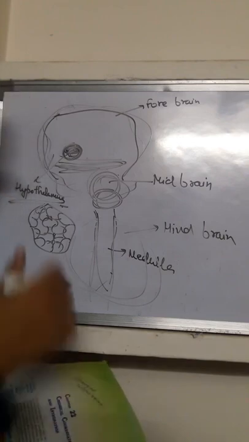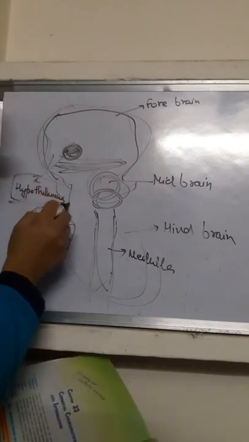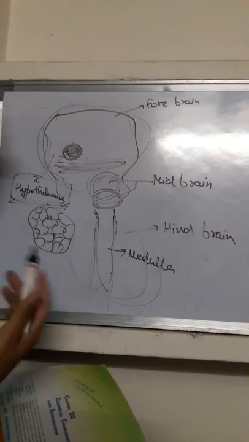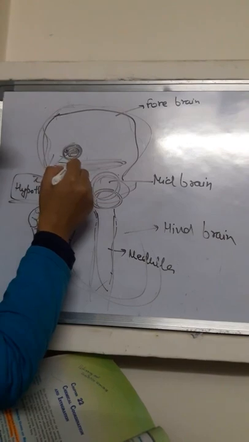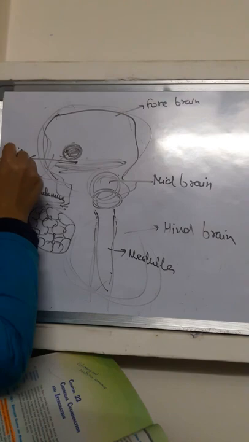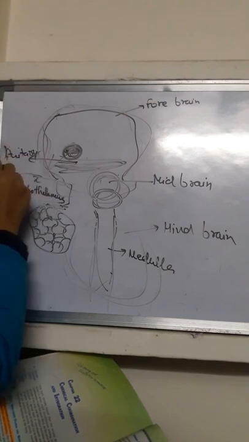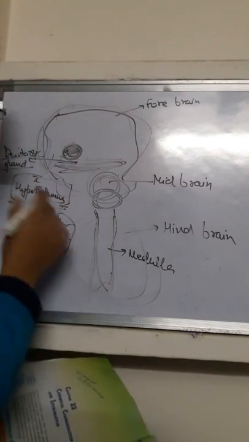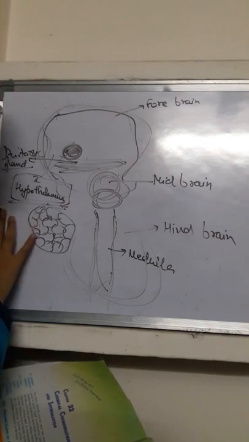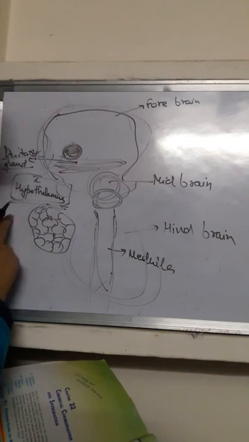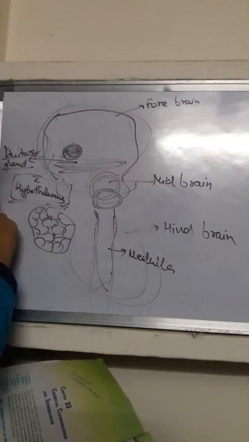So we see that the hypothalamus releases hormones that regulate the secretion of hormones from the pituitary gland itself. We studied the pituitary gland in the previous section. In a way, the hormones produced by the pituitary gland are regulated by the secretions of the hypothalamus.